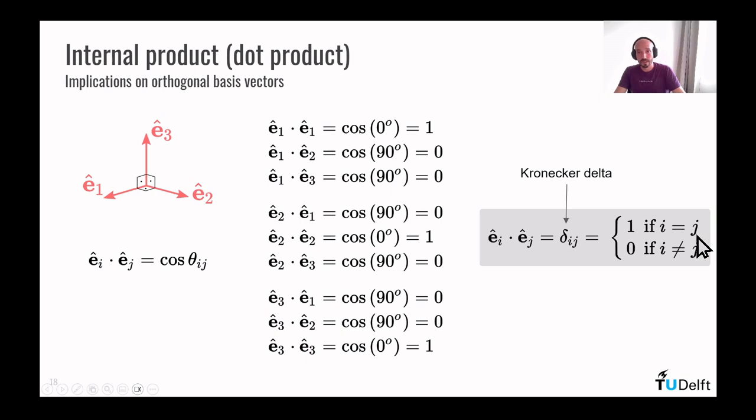So the dot product between e hat i and e hat j equals the Kronecker delta function. And the Kronecker delta function works like this. It returns 1 if i equals j, or it returns 0 if i is different than j, which is just what we said before. So this is very important.